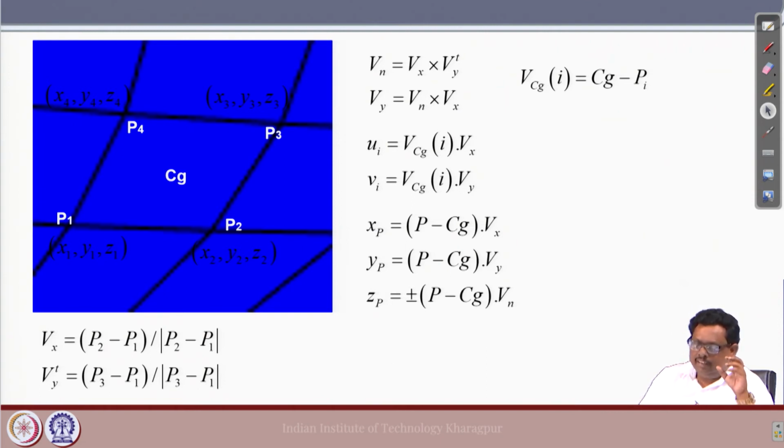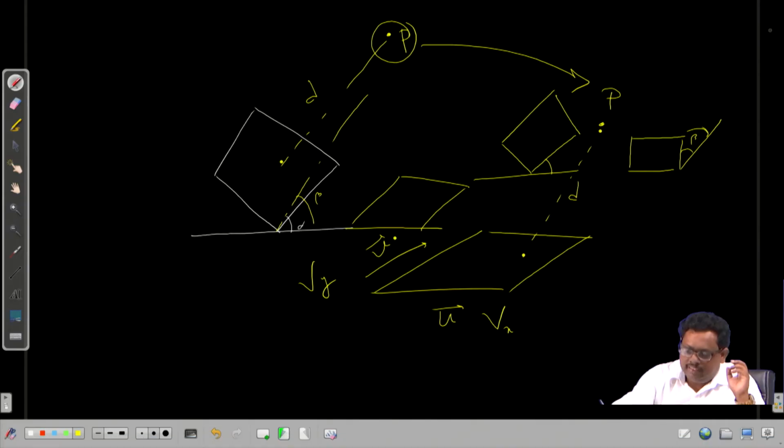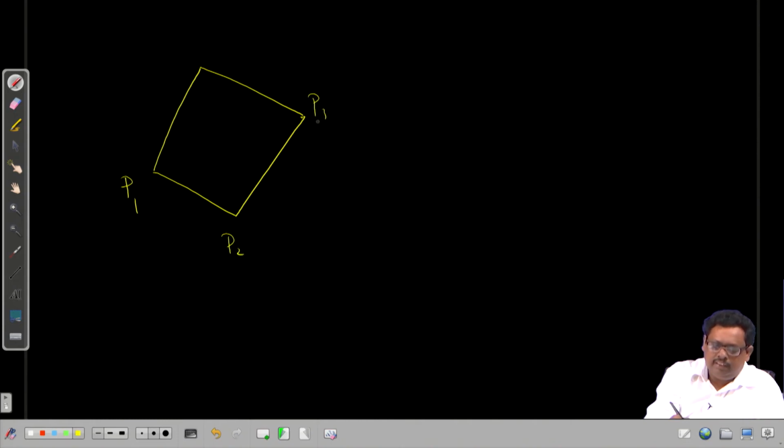Let us go back here again. In case of the global 3D points, that may be your quadrilateral P1, P2, P3 and P4, and let us say the area is A star.